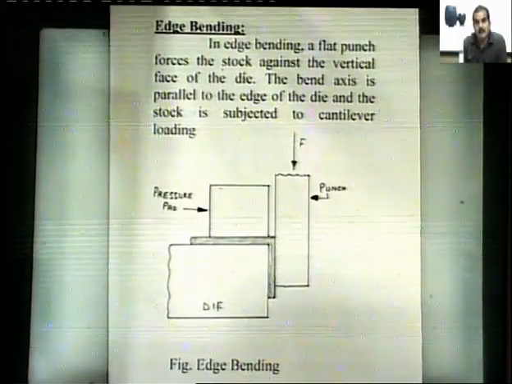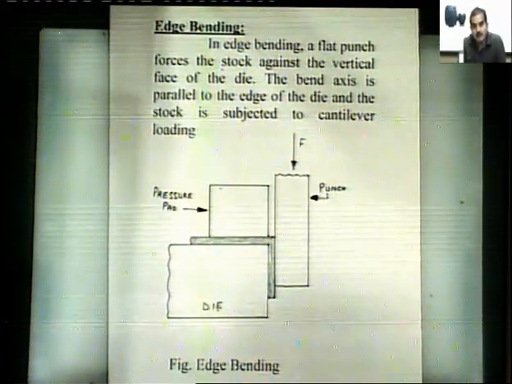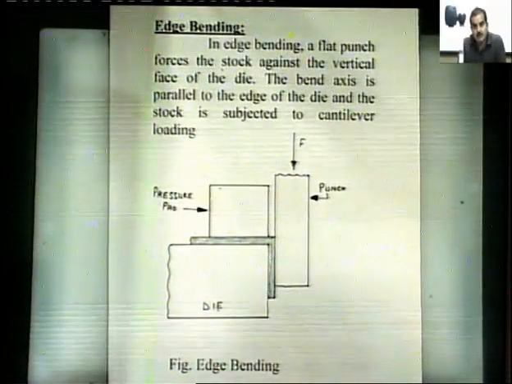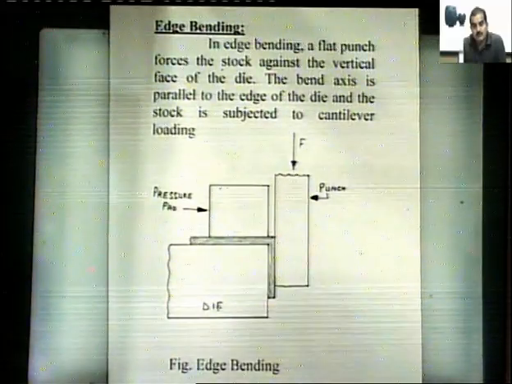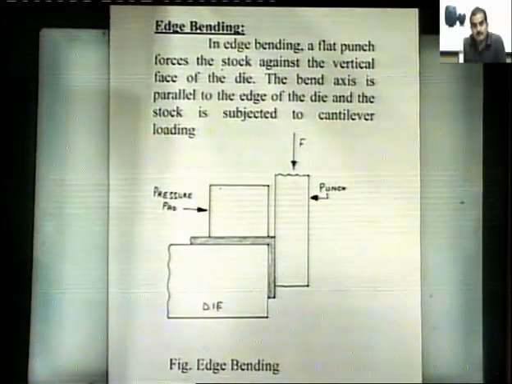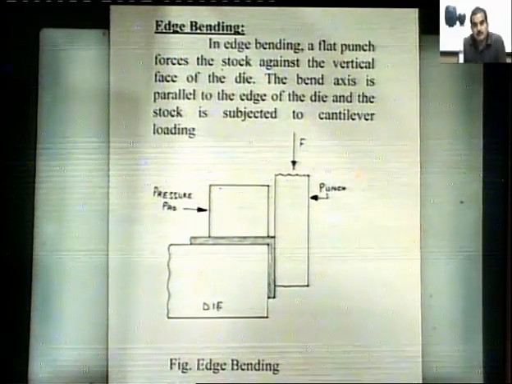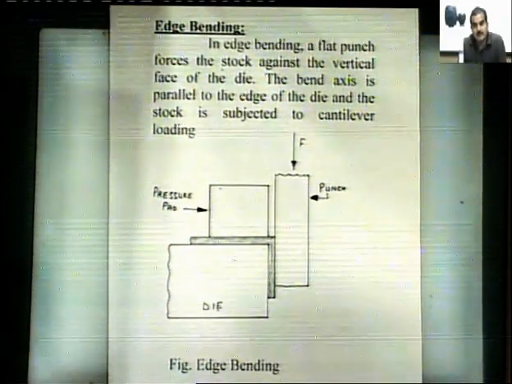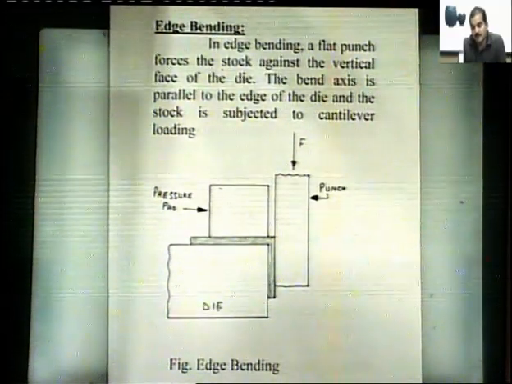Then comes edge bending. In edge bending, a flat punch forces the stock against the vertical face of the die. The bend axis is parallel to the edge of the die, and the stock is subjected to cantilever loading.